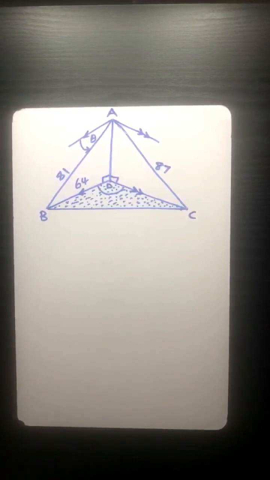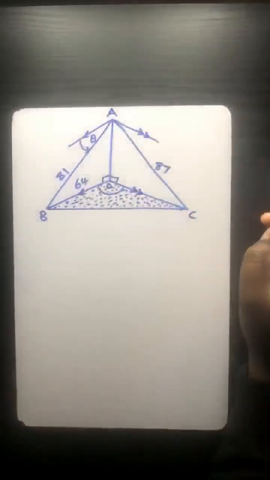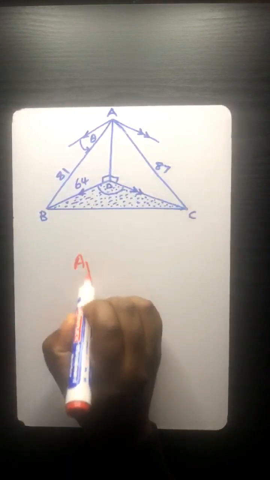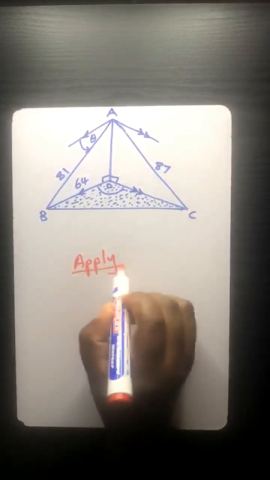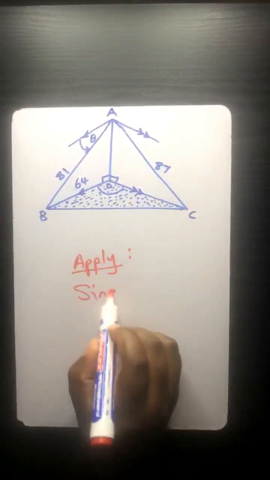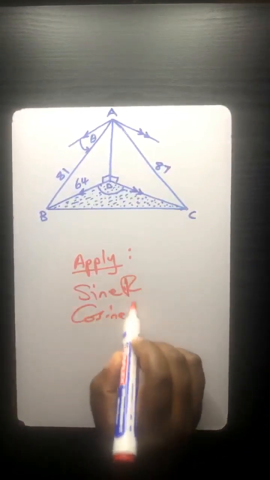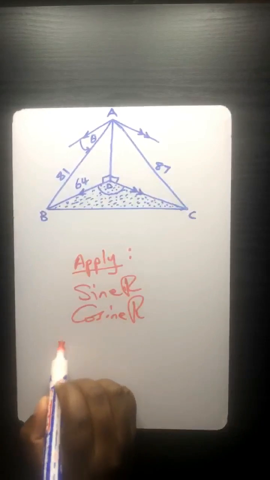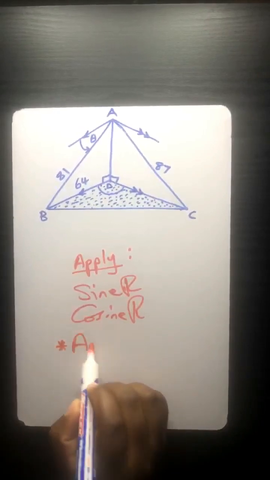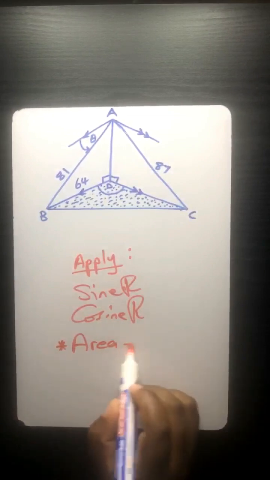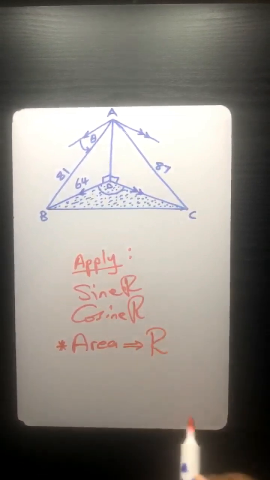With this type of problem, this is where you apply the sine rule and the cosine rule. An additional question might ask you to calculate an area, and also you use the area rule.